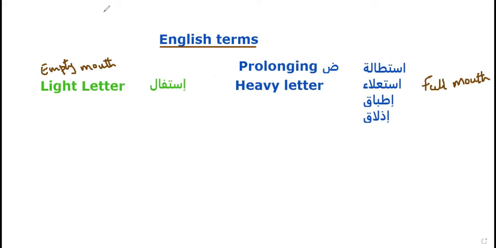Alright. Now, itbaq is like an extension of isti'la, right? Isti'la is just the back of the tongue going up and the middle forming a pit. For itbaq, it is the entire tongue trying to go toward the roof of the mouth. So what happens? This is called extra heavy or extra full mouth.